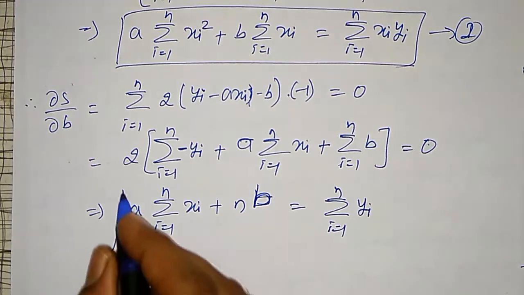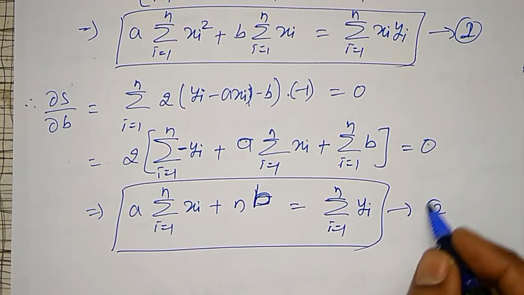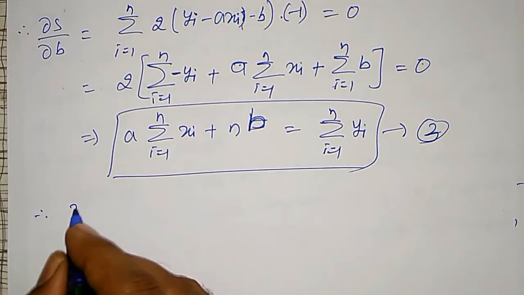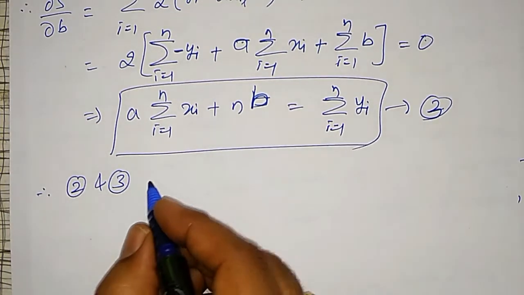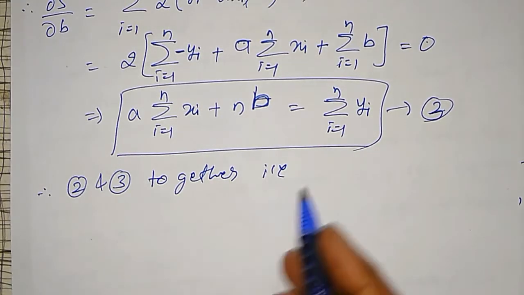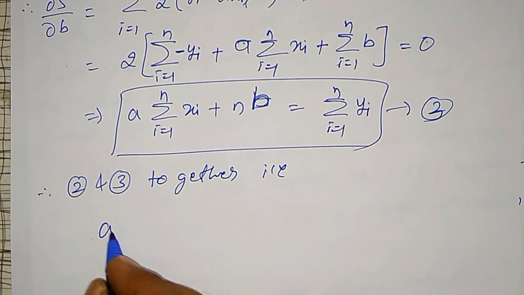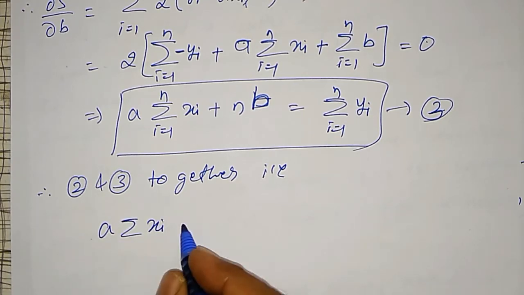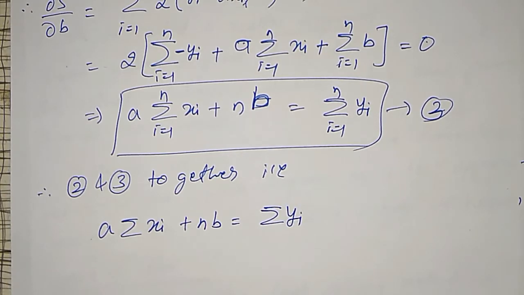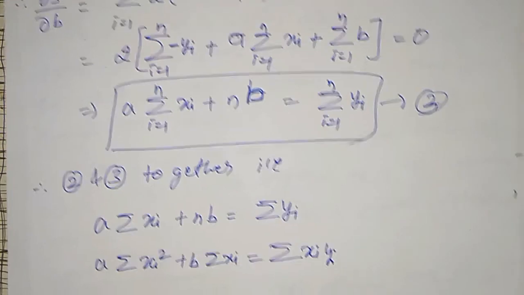I will call this equation number 3 now. Using equations 2 and 3 together, I can write them as a into summation xi plus n into b equal to summation yi, and the second equation as a into summation xi squared plus b into summation xi equal to summation xi yi.